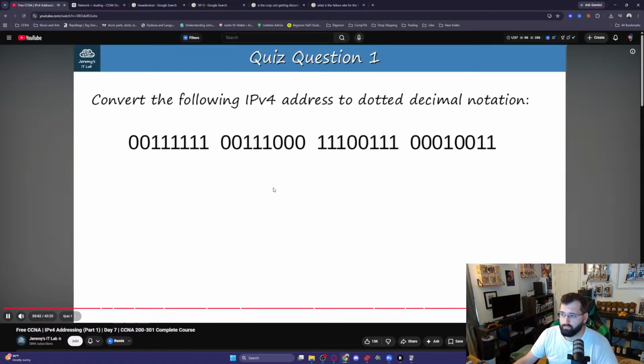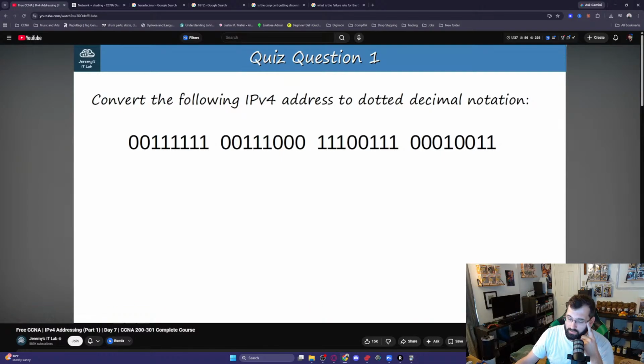Question 1. Convert the following IPv4 address to dotted decimal notation. Okay, so this is so much easier when there's spaces in between them. So 1, 3, 3 plus 4 is 7. 7 plus 8 is 15. 15 plus 32 is 47.